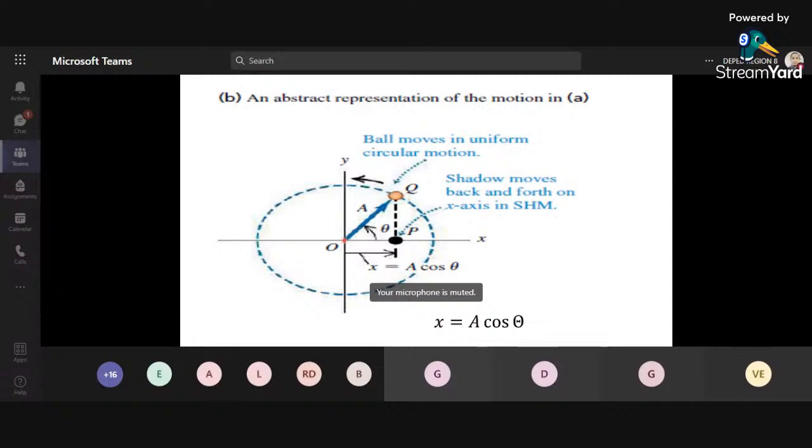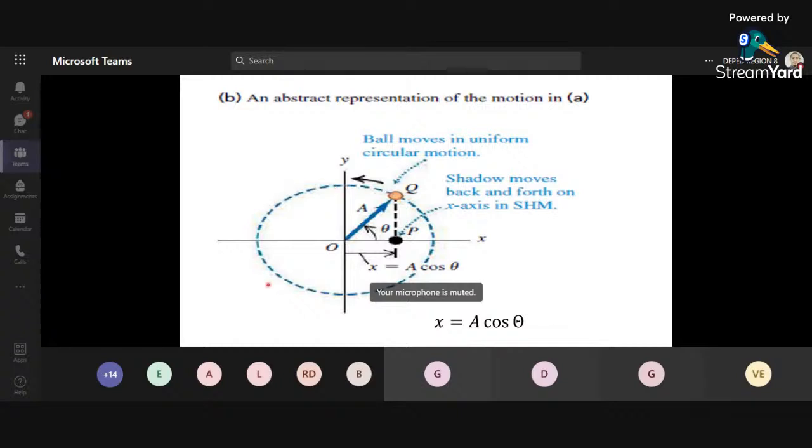The center of the circle is origin O, and the radius of the circle is A.